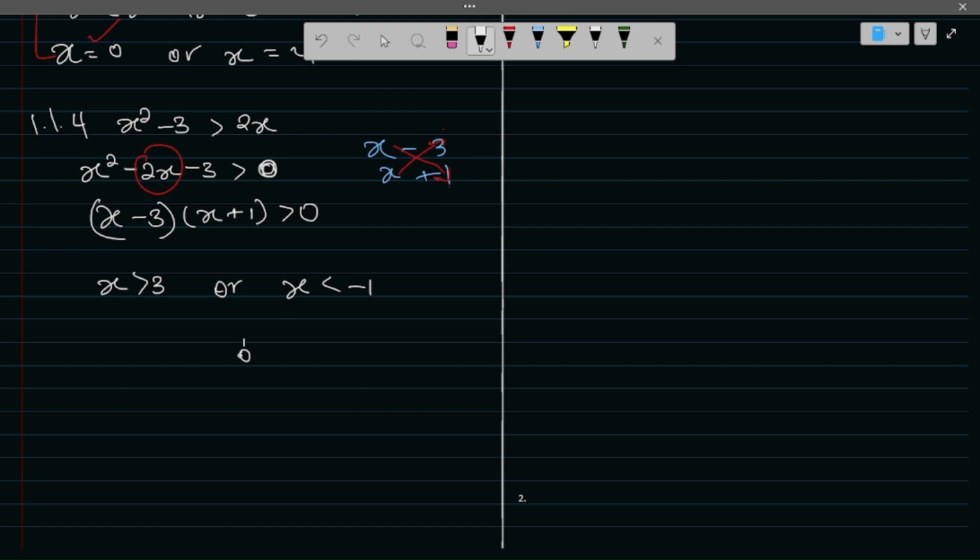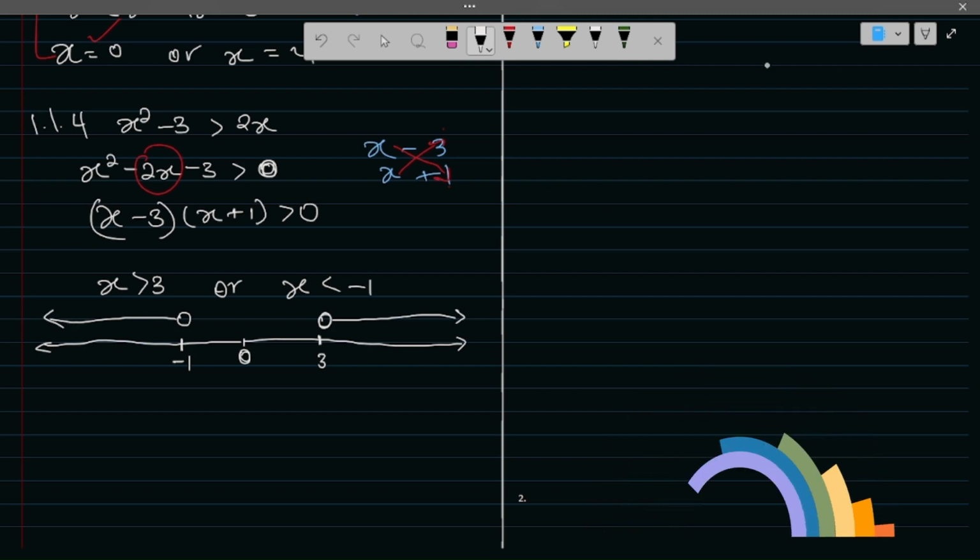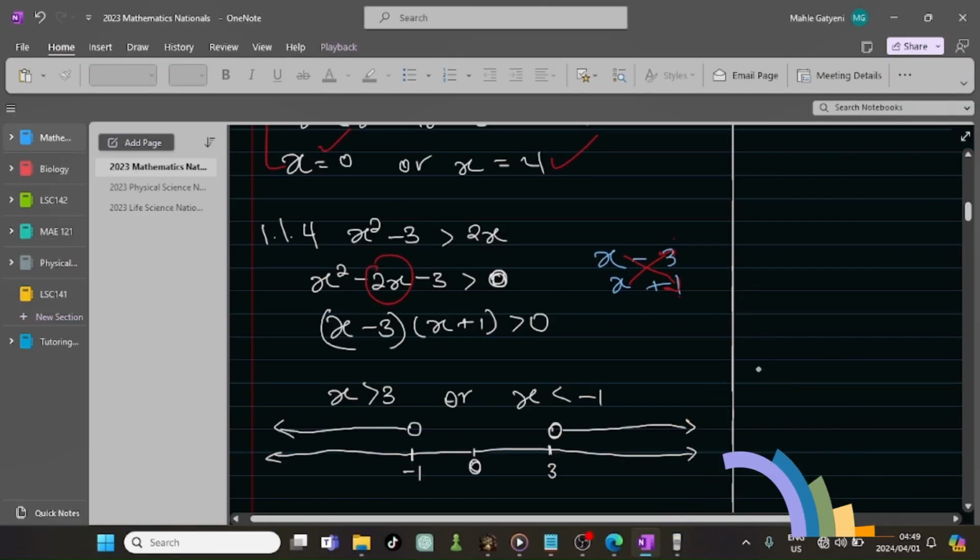This is 0, this is infinity, this is 3, and then I pretend this is minus 1. So it says that when the value of x is greater than 3, or the value of x is less than minus 1, right? So let's get the calculator to prove this is correct.